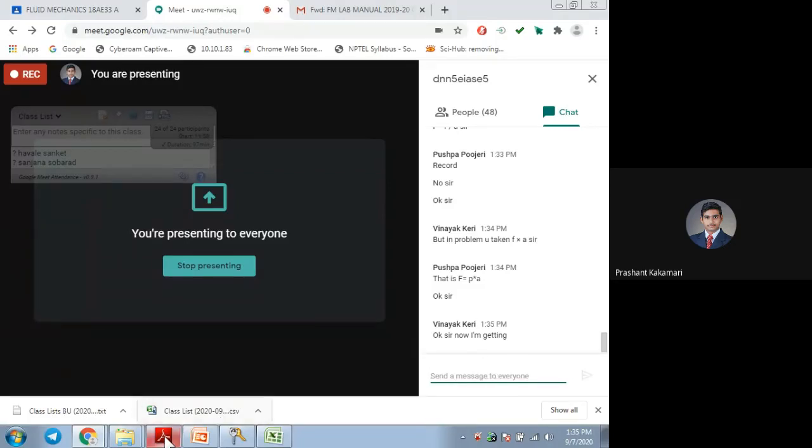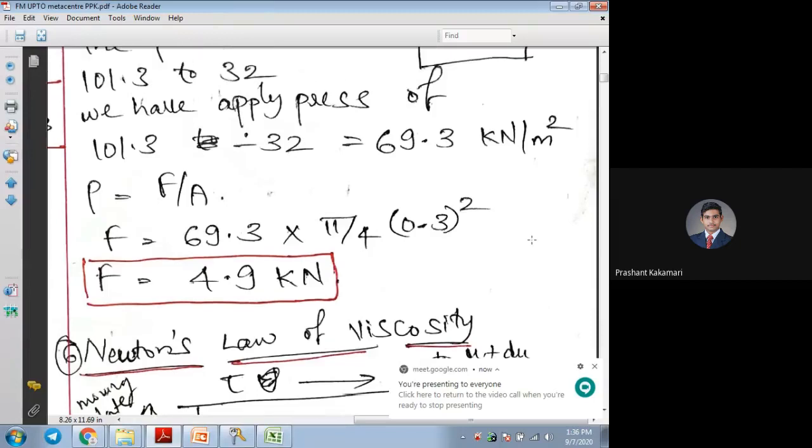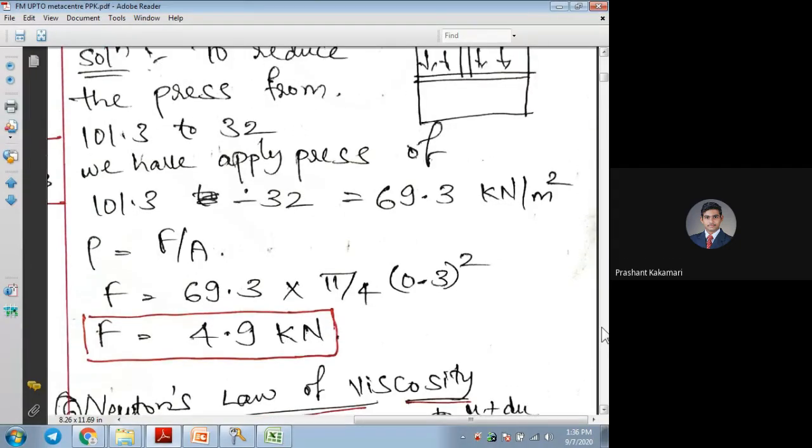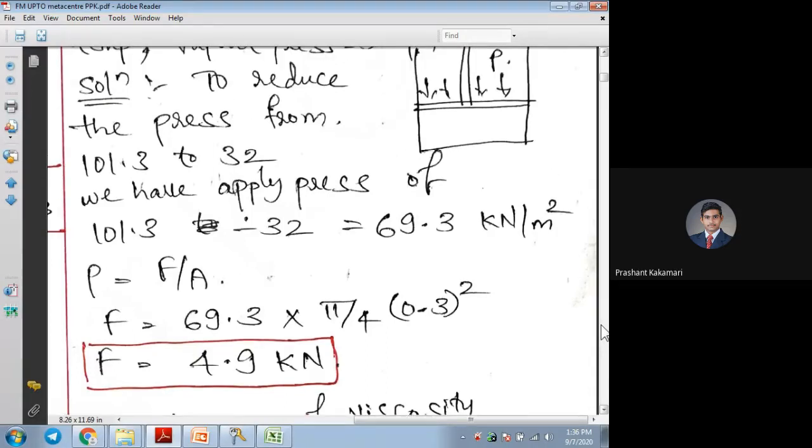Yeah, you can note down this problem. If you are doubting it, you can note down the steps. Anyhow, you have taken the module 1 notes. Still, if you have doubts, you can just note down this difference, how they have taken from the pressure, how they have found out the force. I'll give 1 minute, you can note down this problem.